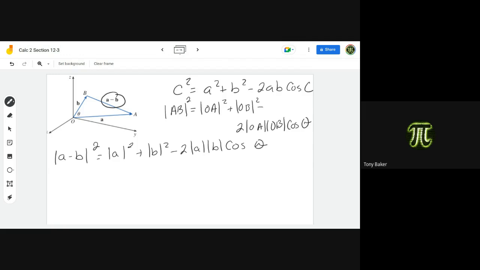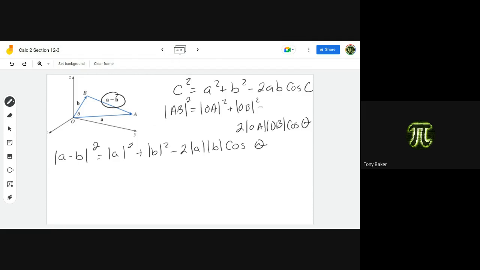Everybody with me so far? It's the line, the length, the segment. It doesn't make a difference. You could have gone directly from here to here. That was just the way the book did it, and it's fine.